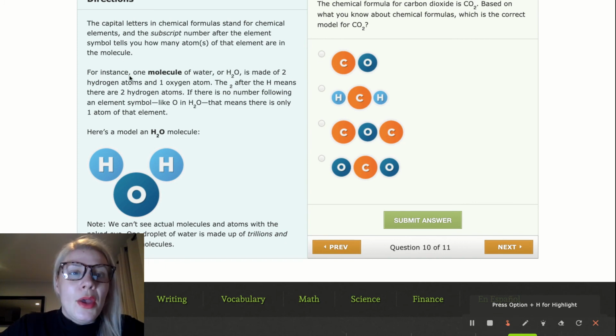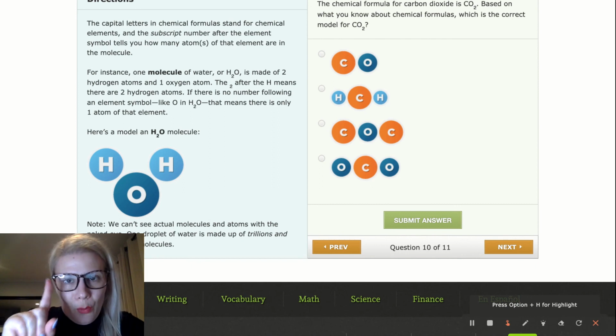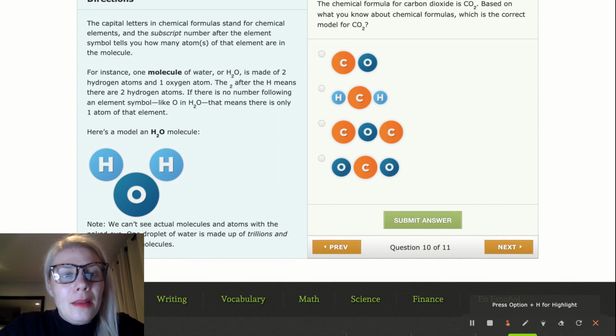For instance, one molecule of water, or H2O, is made of 2 hydrogen atoms, like we see there, and 1 oxygen atom. The 2 after the H means there are 2 hydrogen atoms. If there is no number following an element symbol, like the O in H2O, that means there's only 1 atom of that element. So here's a drawing of the molecule H2O.